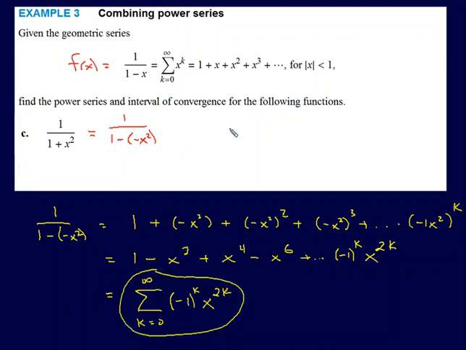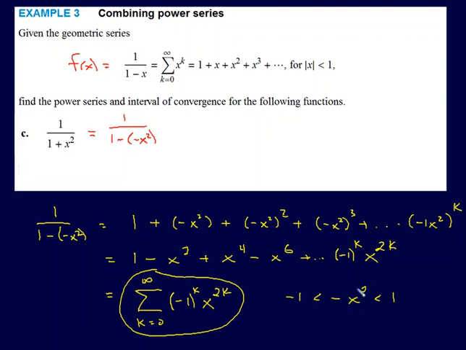Okay? Now, my original interval of convergence was that x had to be between -1 and 1. So what has to be true now is that negative x squared has to be between -1 and 1.